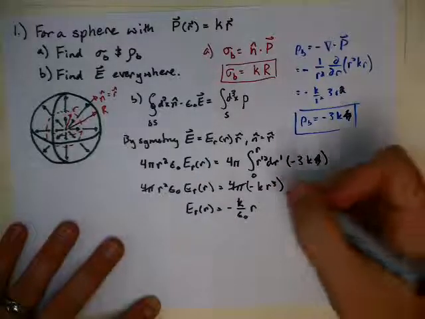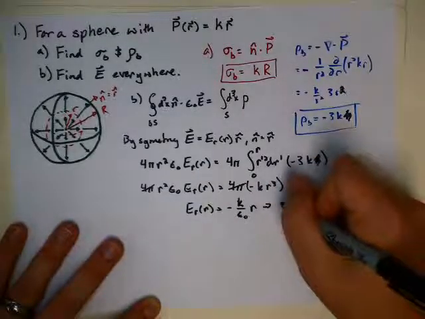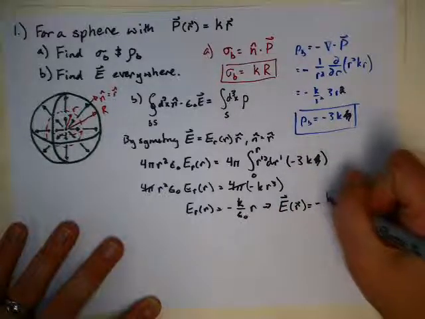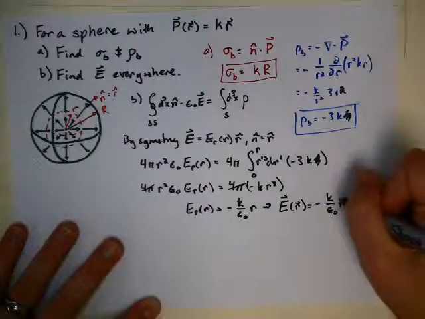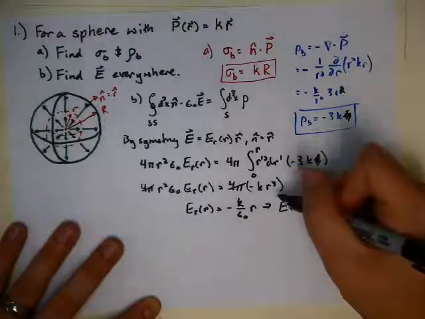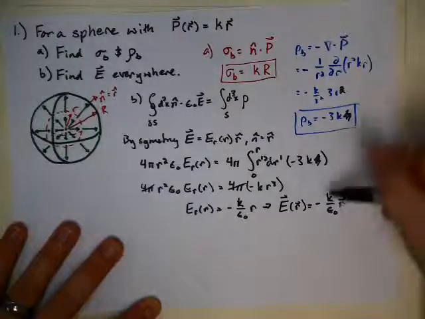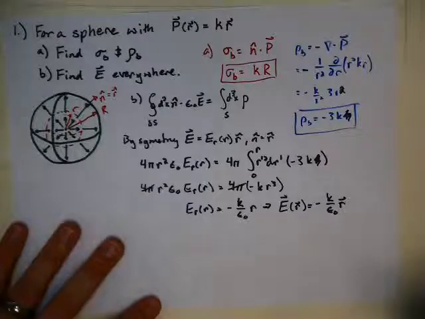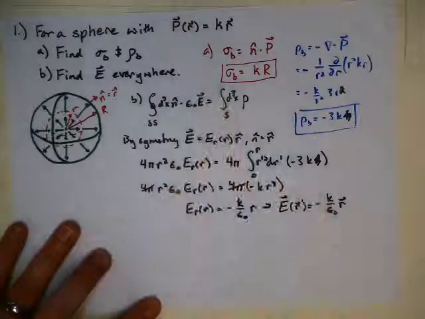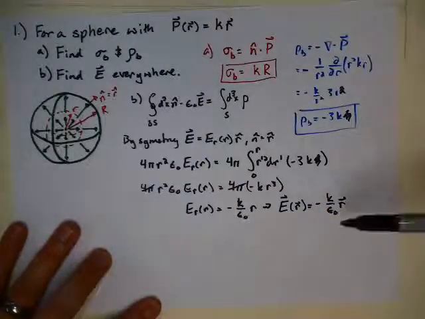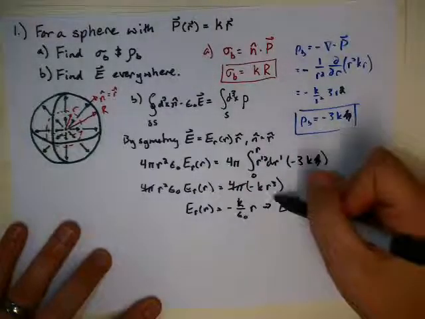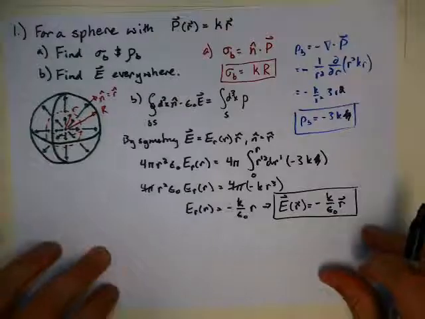Then to move back into vector form, the electric field as a function of r is minus k over epsilon naught times r vector. What we should notice is this is 1 over epsilon naught times the negative of our polarization. That's what you should find in all of these cases with locked-in polarization, where the only source of the electric field is the bound charge from polarization. You should find that the electric field is minus the polarization over epsilon naught. So there we go, that's the solution for part B, finding E everywhere.